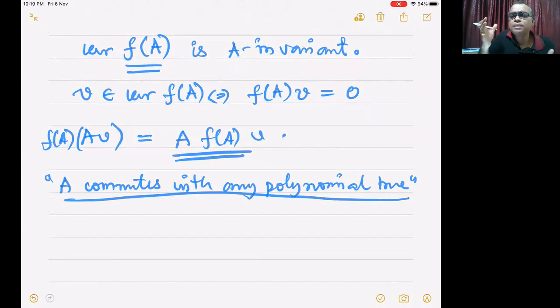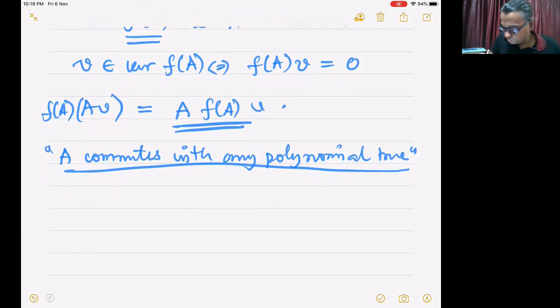Two arbitrary linear operators acting on the same vector space need not always commute. We may think that commutation doesn't happen because the dimensions may not match, but not like that. Even for square matrices of the same size, n by n, do they always commute? No, not necessarily. So they need not commute always, but here they do commute.